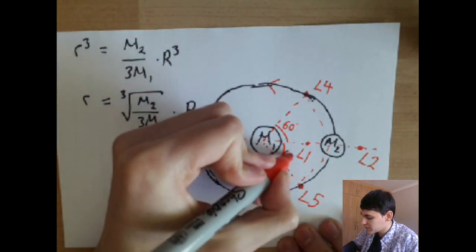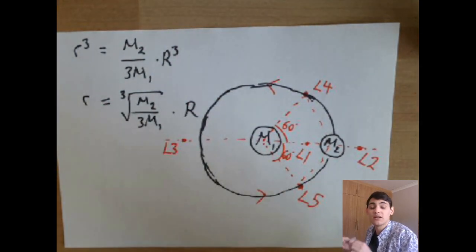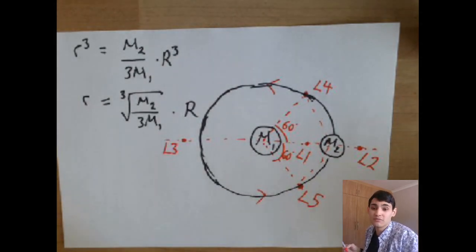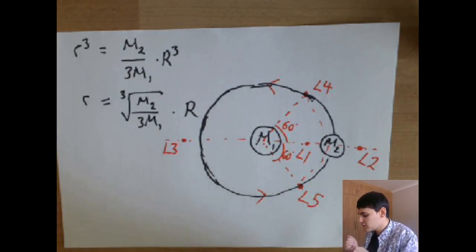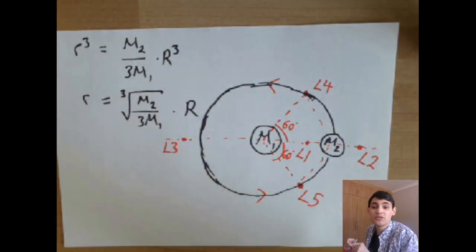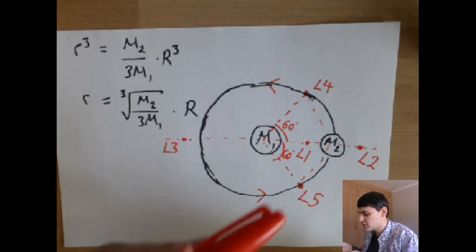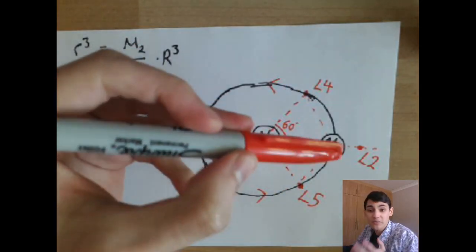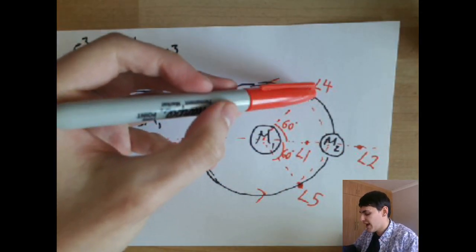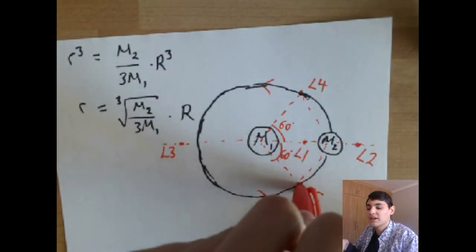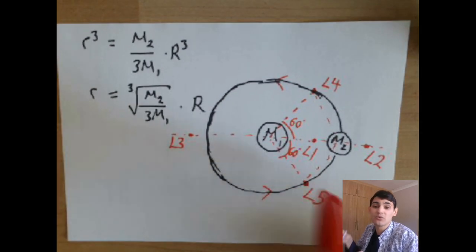These 2 points are 60 degrees away from the collinear line, which I think is pretty cool. These three collinear points were originally discovered by Euler, but we call them Lagrange points because Lagrange was another mathematician and he discovered L4 and L5, and so he's the one that's remembered.